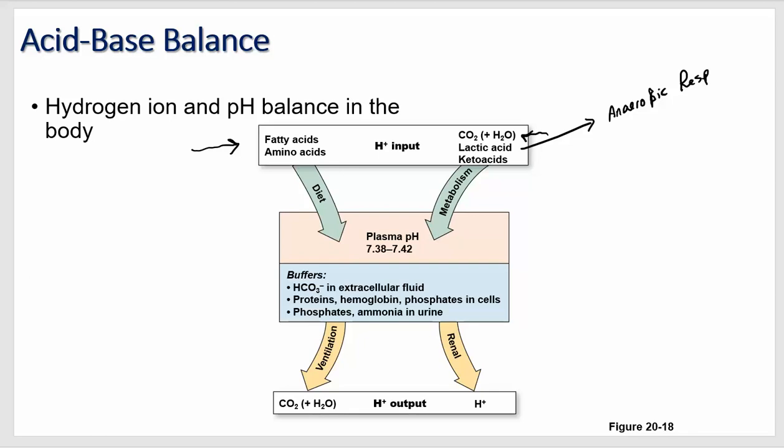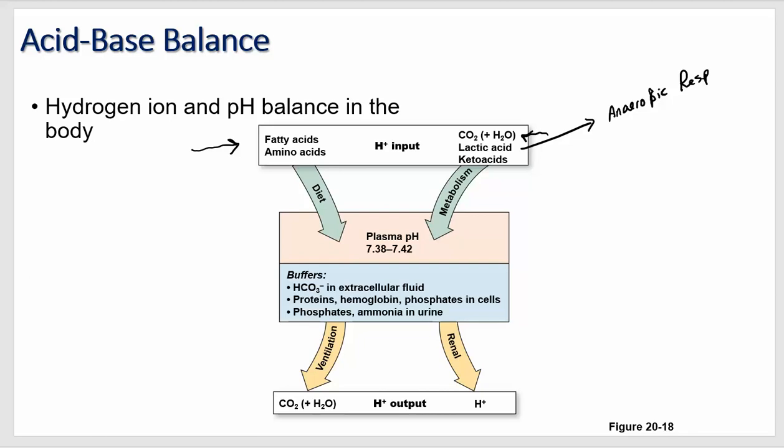Keto acids from burning fat, so you might see that with DKA or diabetic ketoacidosis, where the cells can't access sugar because insulin isn't taking the sugar into the cells for it to use. And so it's an interesting disease. So the sugar in the blood is high, but it can't get into the cells.